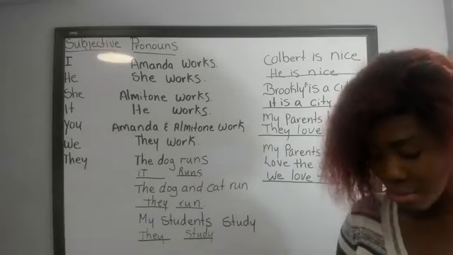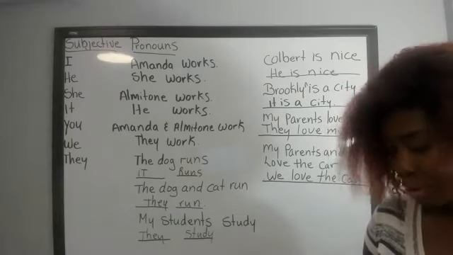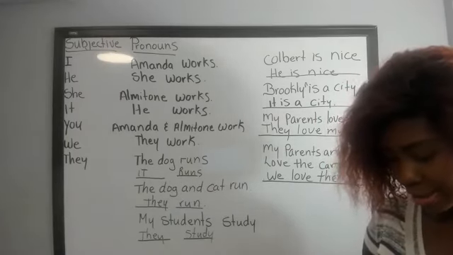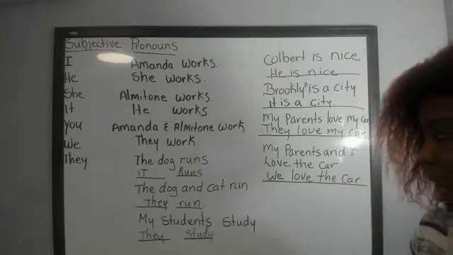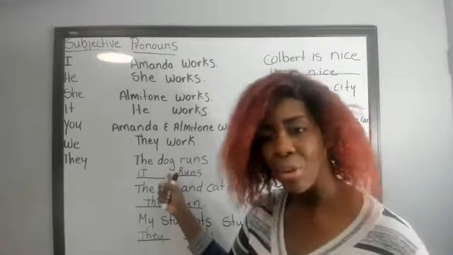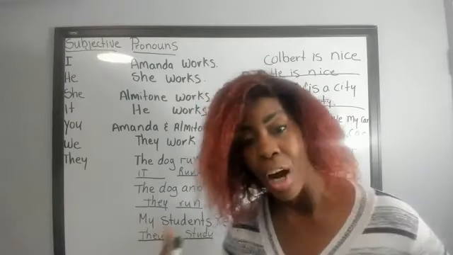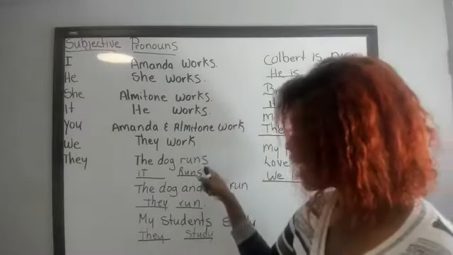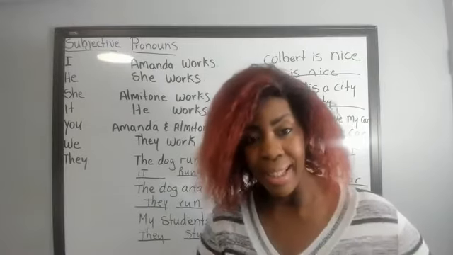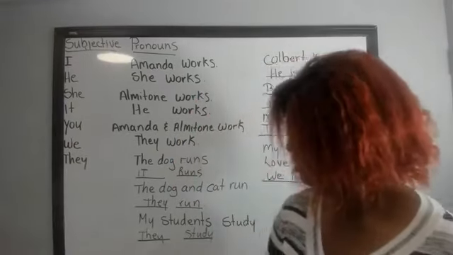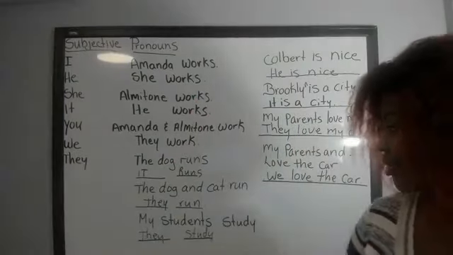The dog runs. Now, we're talking about one dog because there's no S right here. So, since we are talking about one dog, I have to add S with the verb. It runs or the dog runs.